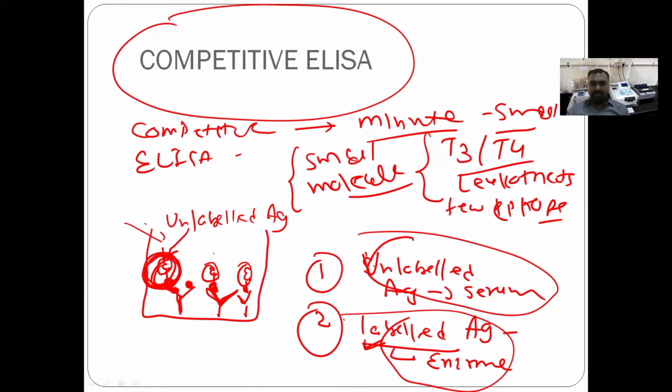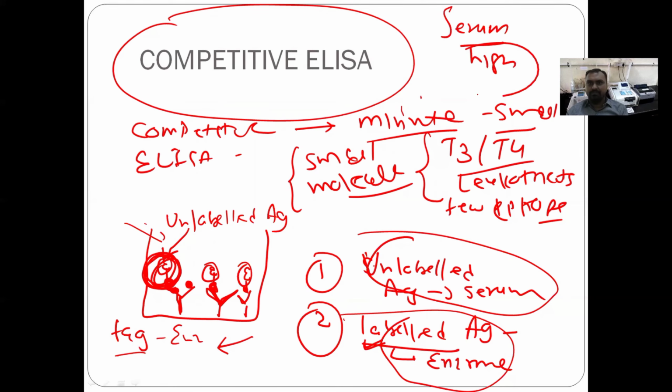Okay, so if the concentration of antigen is very high, then the antigen which is tagged with the enzyme will not bind with the antibody and it will be displaced. So when the concentration is very high in the serum, this labeled antigen will be less.